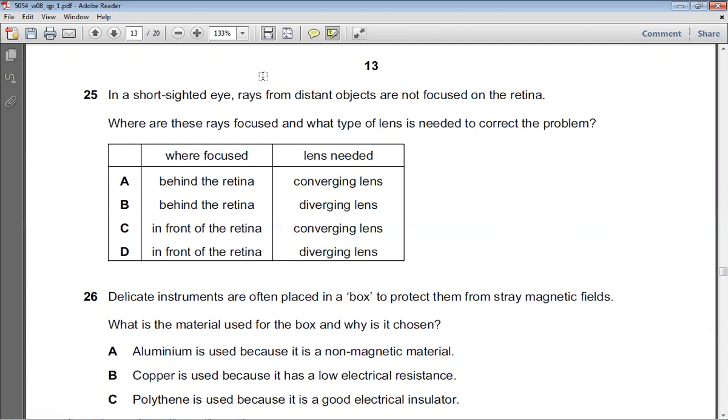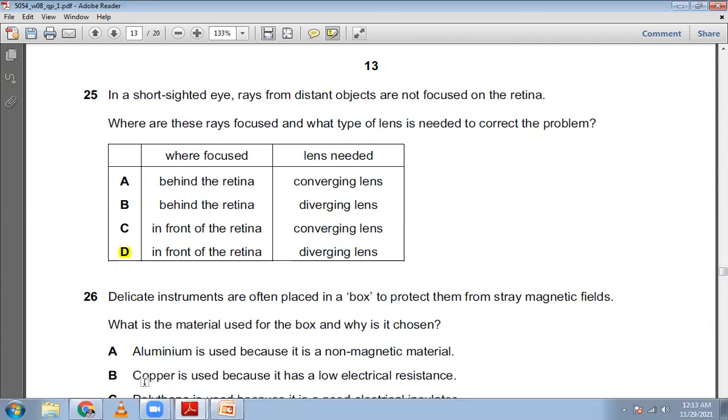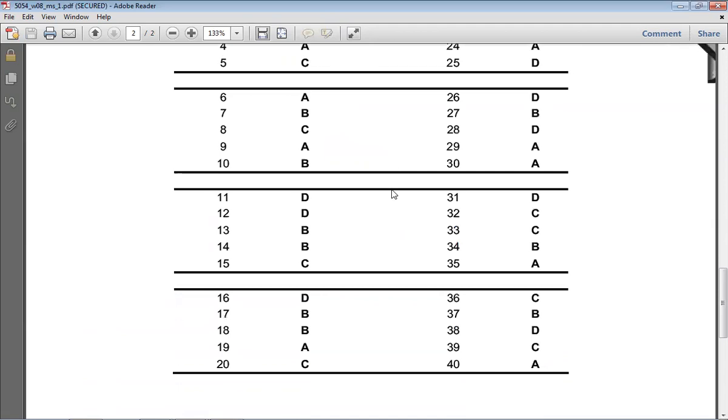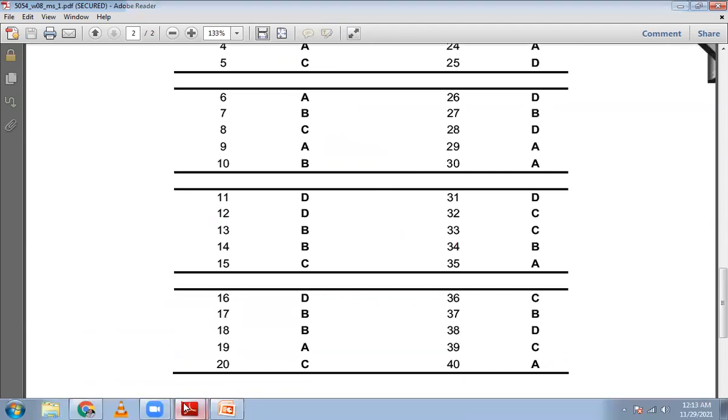Because the eye lens is bending the light rays too much, it makes the image form in front of the retina. And to correct this, we need a diverging lens. So I think for question number 25, D is the right option, sir.